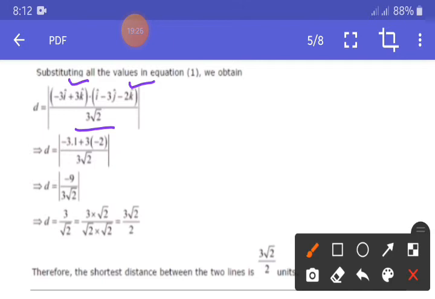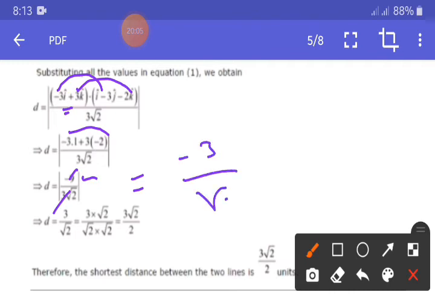Now taking the dot product in the numerator: minus 3 into 1 is minus 3, j cap is 0, 3 into minus 2 is minus 6, so minus 3 minus 6 is minus 9, by 3 square root of 2. 3 and 9 cancel, leaving minus 3 by square root of 2.